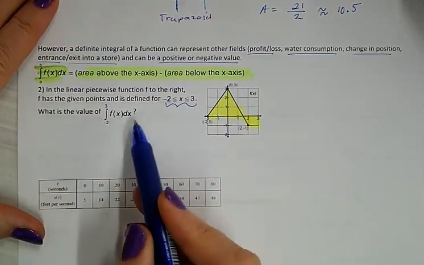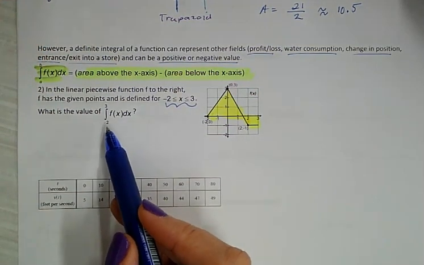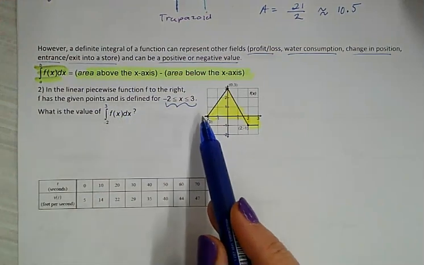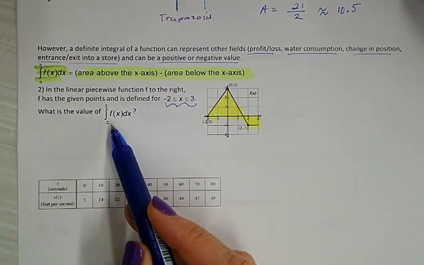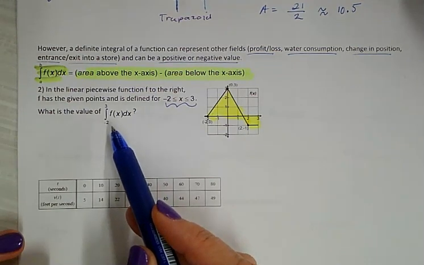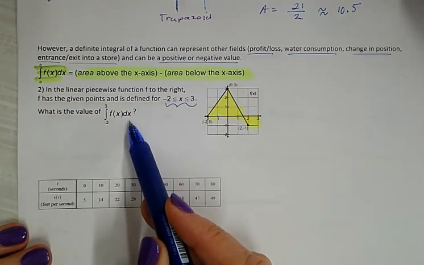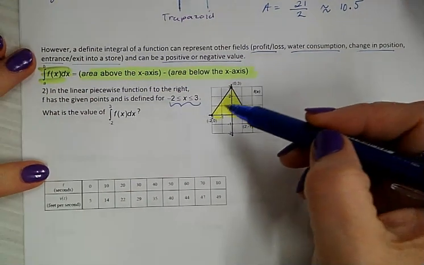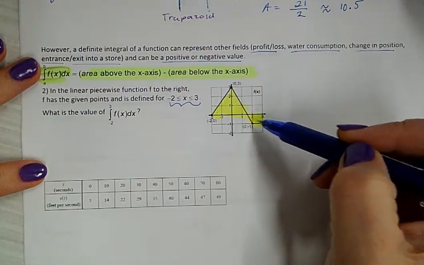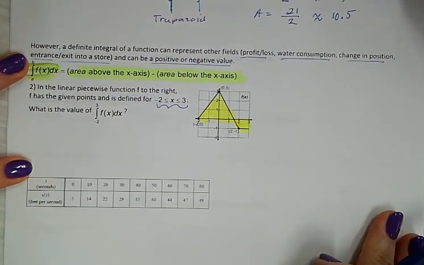And it's saying, as we look at our notation, it's bounded from -2 to 3. So -2 to 3, I want f of x, which we said was the integrand, and dx is the variable of integration. So I need to break this up. I definitely have a triangle right here, and I have a trapezoid down here.